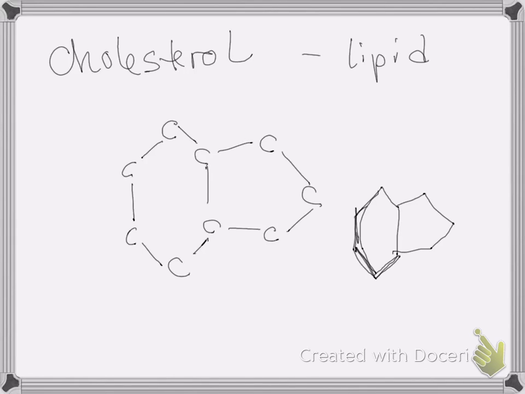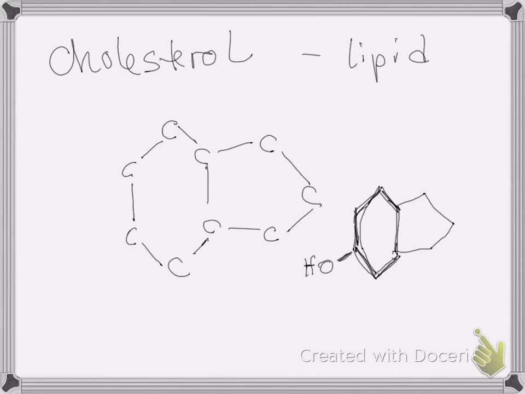That's pretty common in biochemistry. Corners are carbons. And in the case of cholesterol, I think there's a little oxygen right here. And the rest of it is just carbon and hydrogen. So it has one little polar bond, and all the rest of it being just carbon and hydrogen is nonpolar.